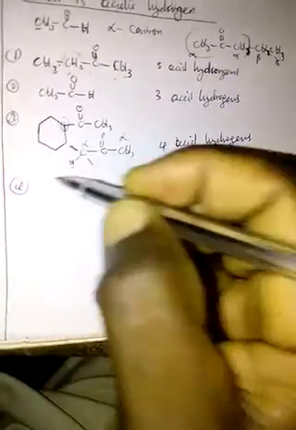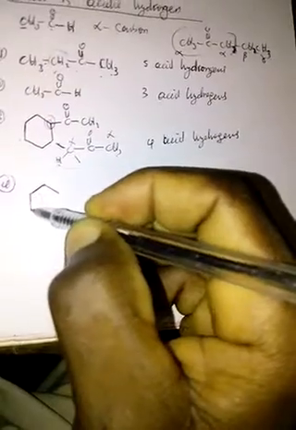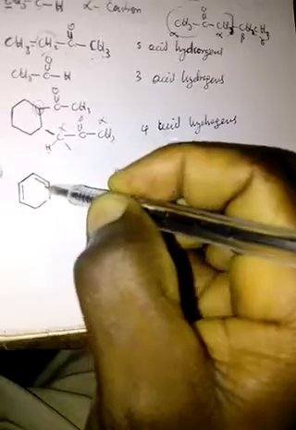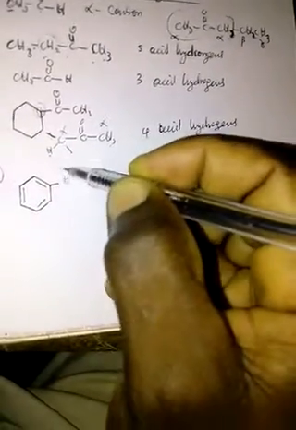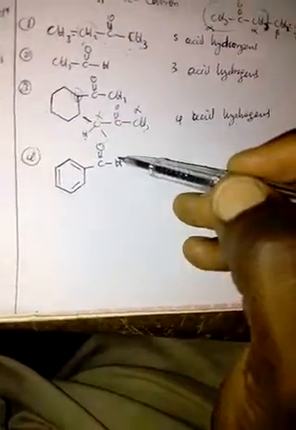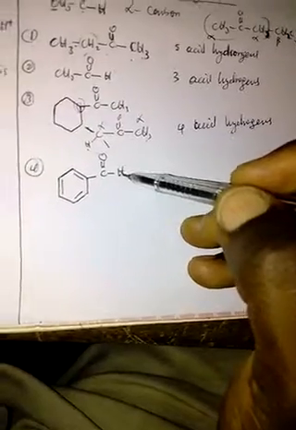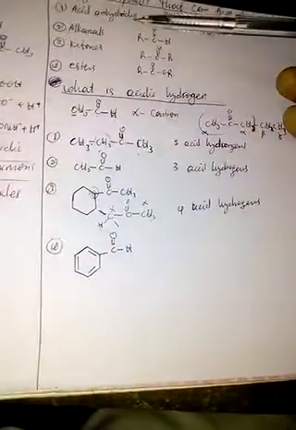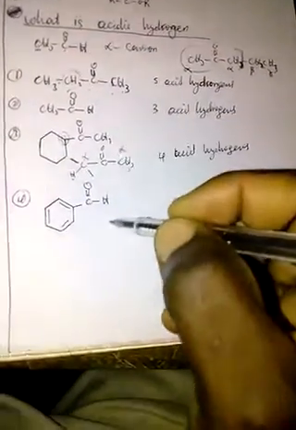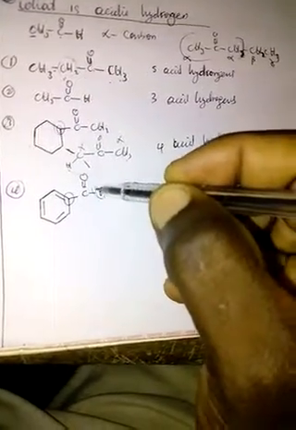Another example, number 4. Let's say we have something like this. How many acidic hydrogen does this have? It has no acidic hydrogen. Although it is listed up here as a functional group that can possess acidic hydrogen, this hydrogen here is not an acidic hydrogen, because you don't have a carbon here.